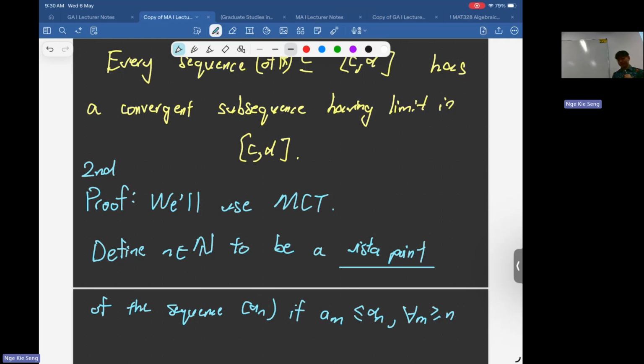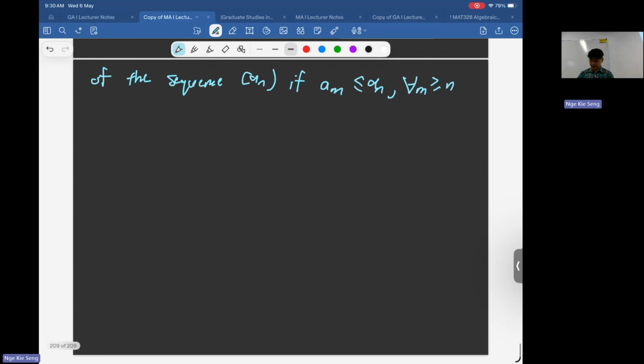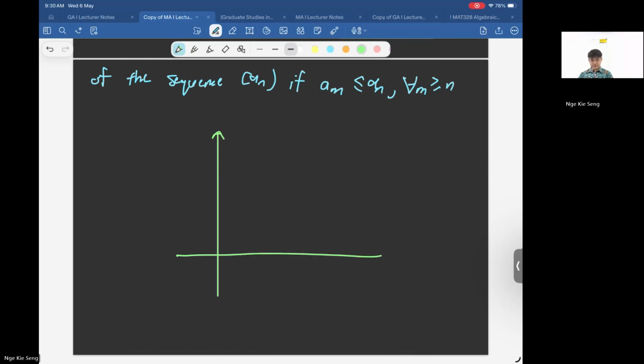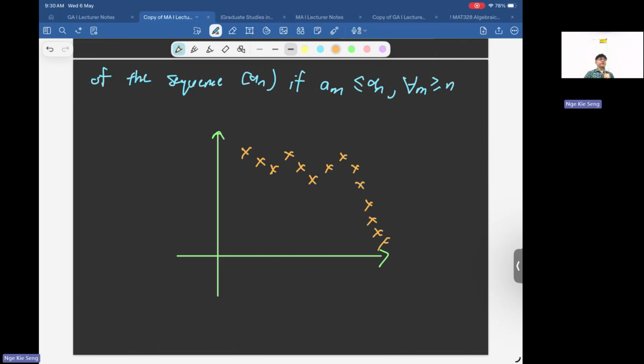So if you imagine what this vista point should be, it should be something like this. We draw an example for you. Maybe I draw a sequence, and then you can tell me which points are the vista points. Which are the vista points here?